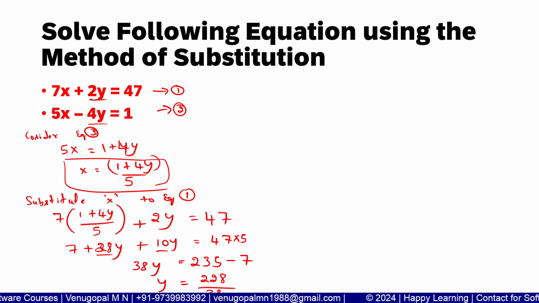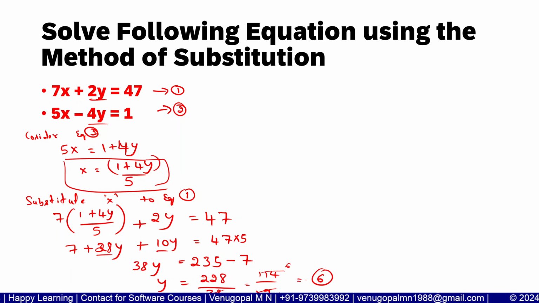You can do the simple division. 38 times 6 is 228. The answer is y is equal to 6.